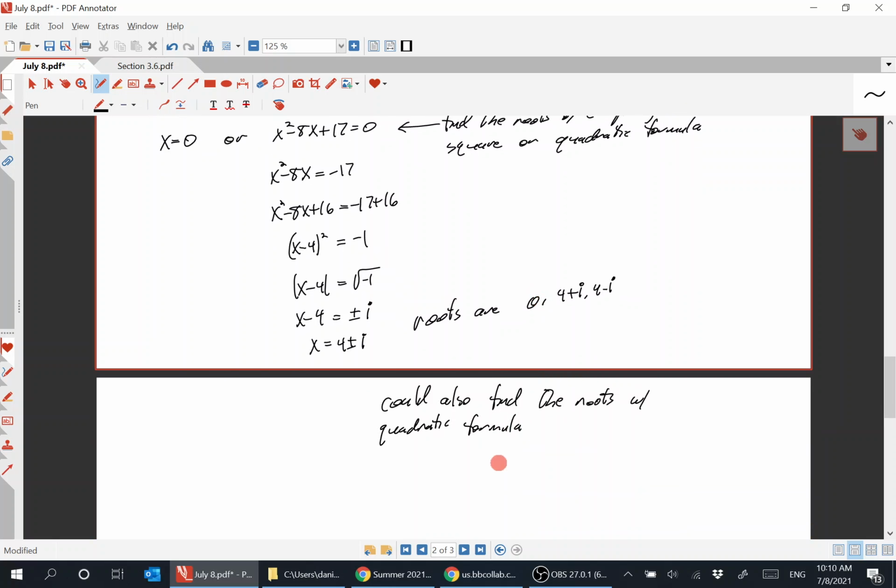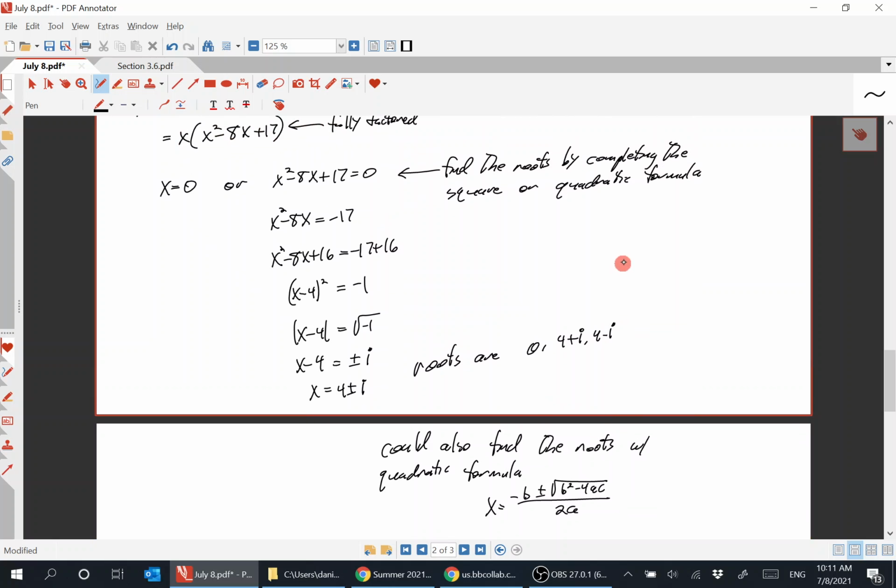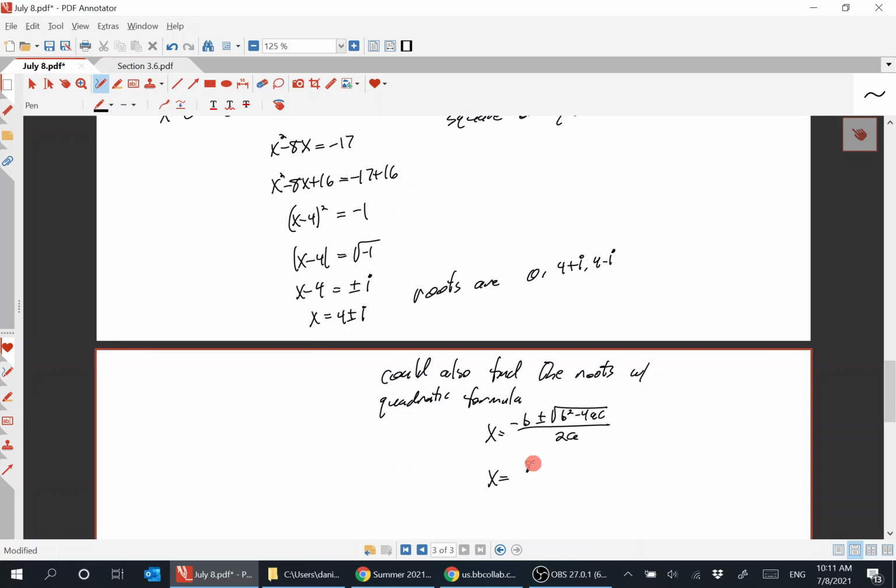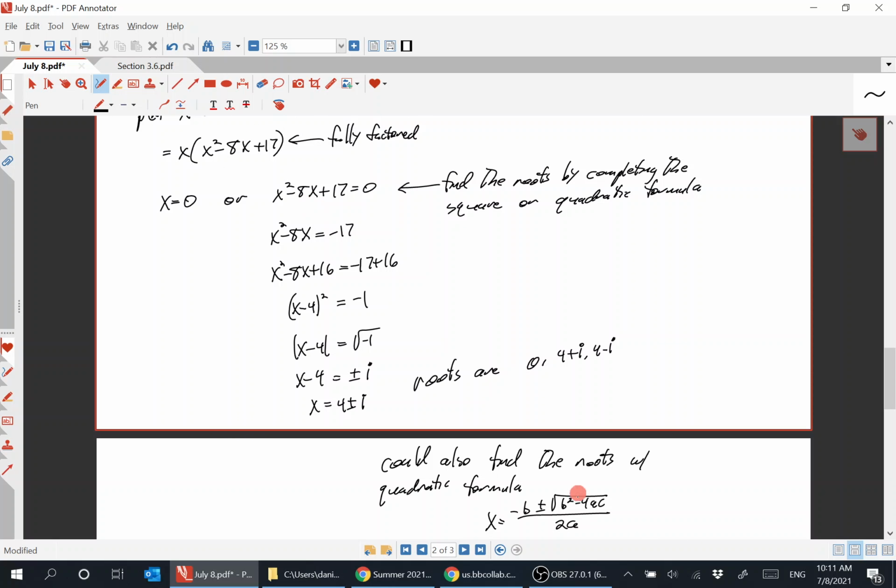Which is that x is equal to minus b plus or minus the square root of b squared minus 4ac over 2a. So in this case, what do we have? Minus b is 8. b squared is 64.